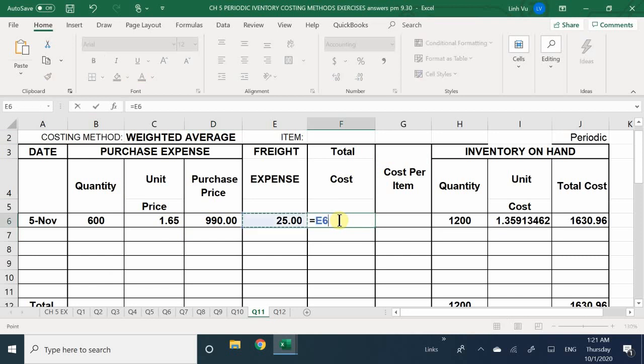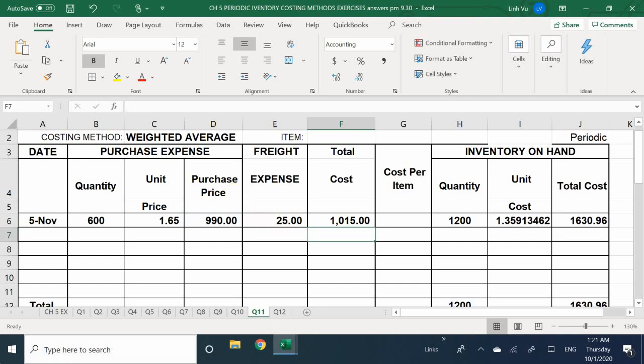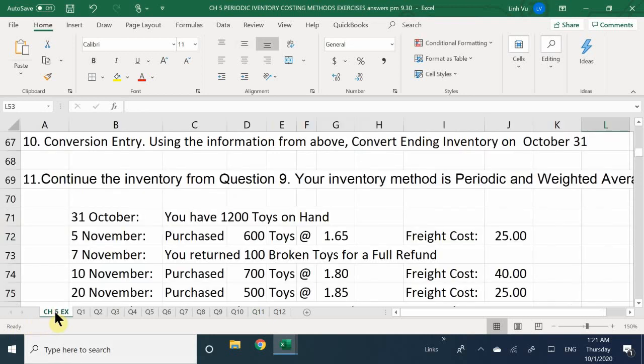And then I'm going to add my $25 freight to get a grand total of $1,015. Okay. Do we need a cost per item? No. Okay. So the next thing that happened, on November 7th, was you returned 100 of those broken toys for a full refund.